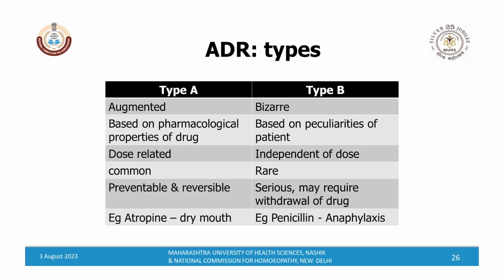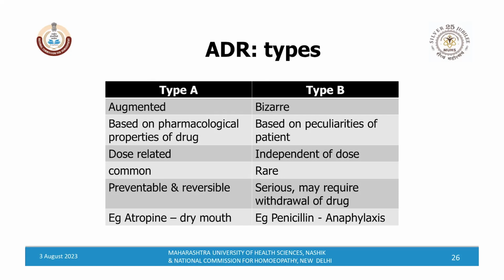Type A reactions are preventable, and also they can be reversed, because once you stop the drug, the adverse effect can be reversed. On the other hand, type B are more serious as compared to type A, and most of the time, type B reactions, once they happen, require withdrawal of the drug.